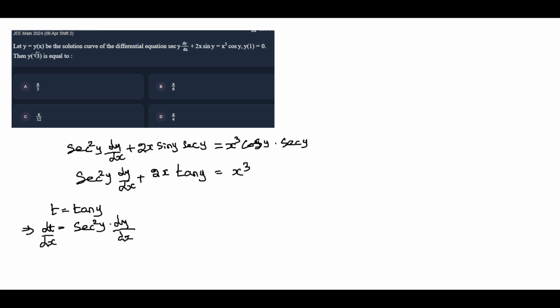Now substitute the value here in equation 1. So sec square y dy by dx is dt by dx, plus 2x t, where t is tan y, equal to x cube. Now it is a linear differential equation.